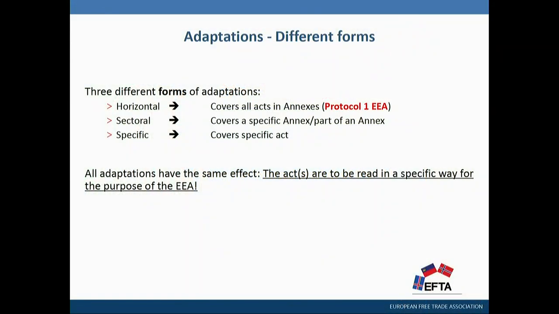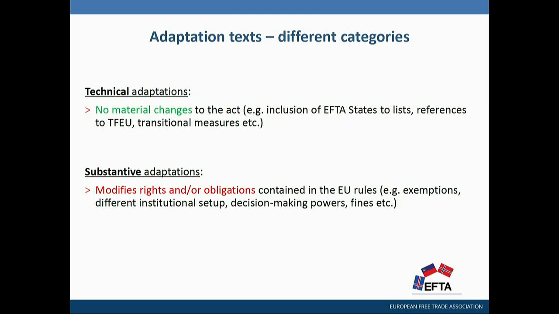And then what I will discuss a bit further now is the so-called specific adaptations. So basically it's in cases where Protocol 1 on horizontal adaptations or sectoral adaptations do not apply, we might need some specific adaptations. There are basically two types of specific adaptations. The first one, the so-called technical adaptation, is the most common type of adaptation that we have.